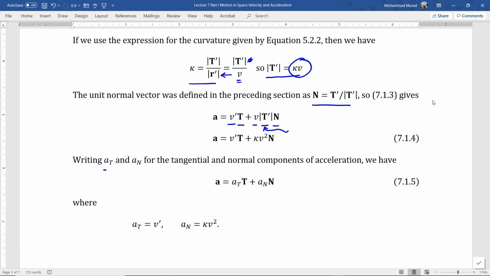Writing a sub t and a sub n for the tangential and normal components of acceleration, the vector a can be written as the sum of these two vectors, a sub t times the unit tangent vector and a sub n times the unit normal vector, where a sub t is the quantity v prime and a sub n is the quantity kappa v squared.